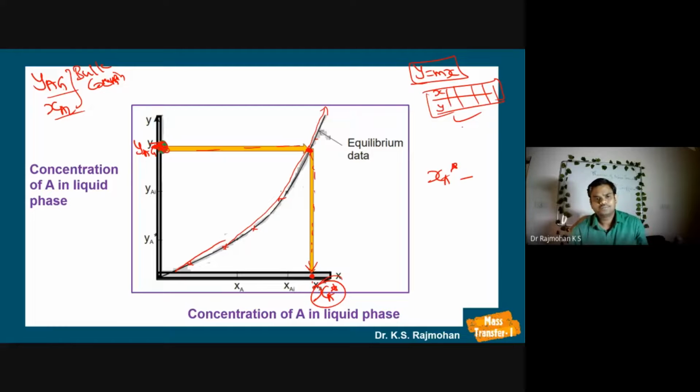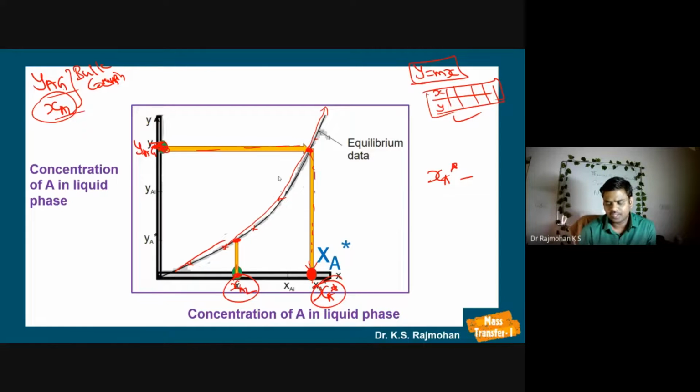Then you have the XAL value. Take the XAL value on the x-axis and draw a line parallel to the y-axis up to where it cuts the equilibrium curve.